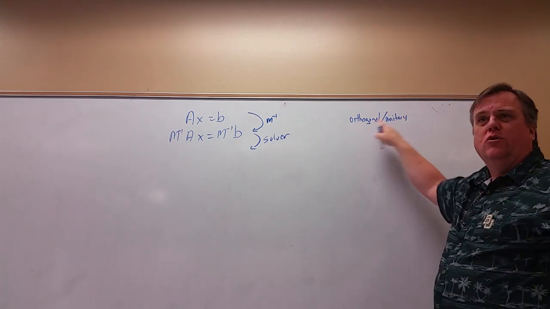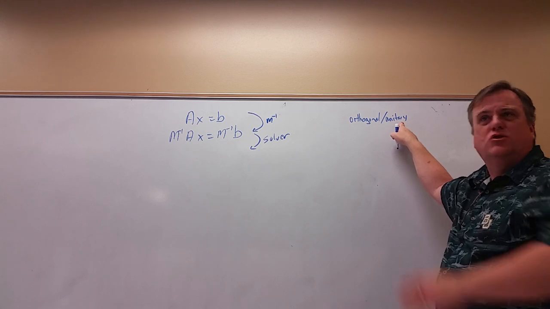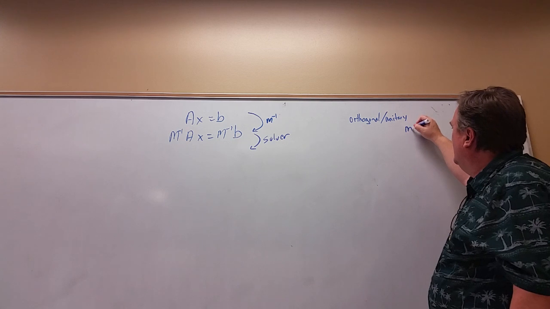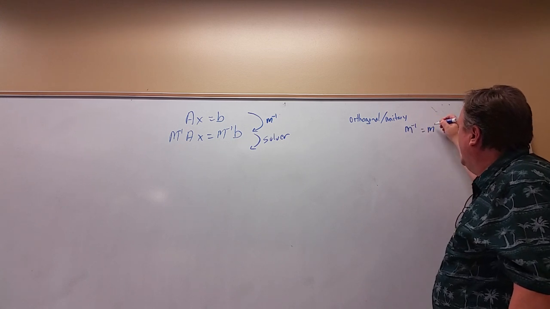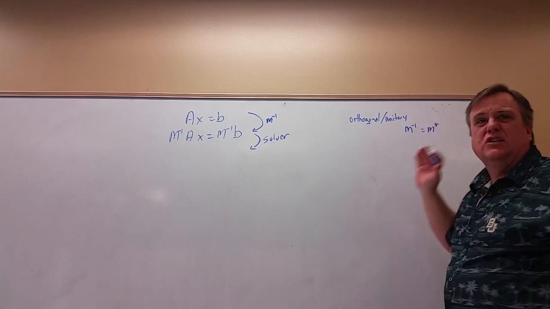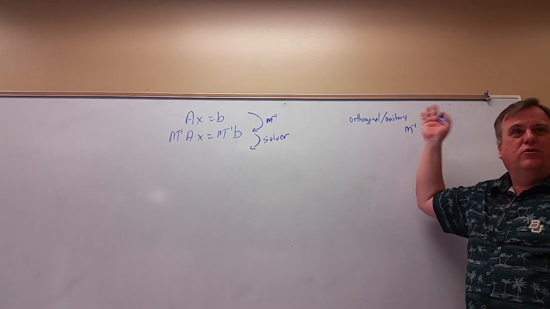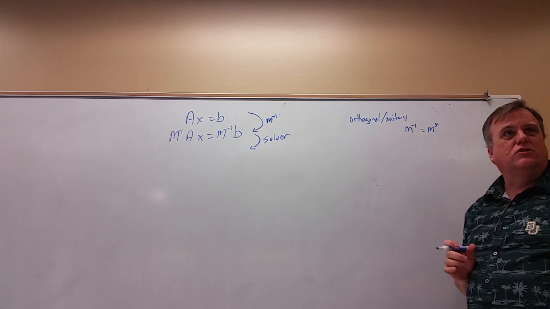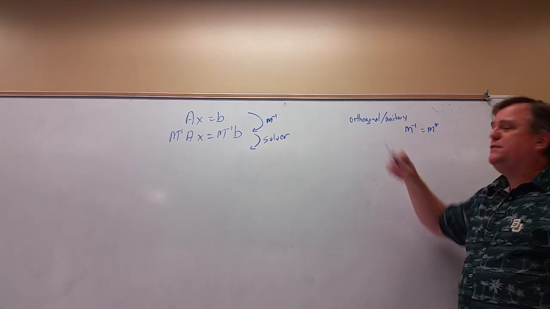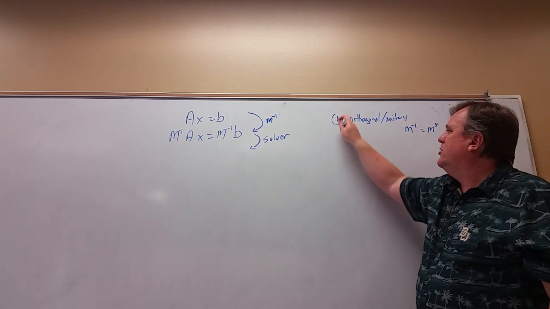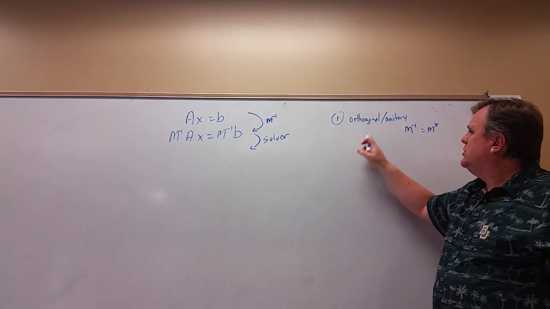Remember, that's for reals and this is for complex. It's the only difference. Both of these, M inverse equals M star, conjugate transpose, because it covers both. If it's real, that conjugate transpose reduces. That's fairly easy to do, so this is one category of things that's fairly reasonable to go on.